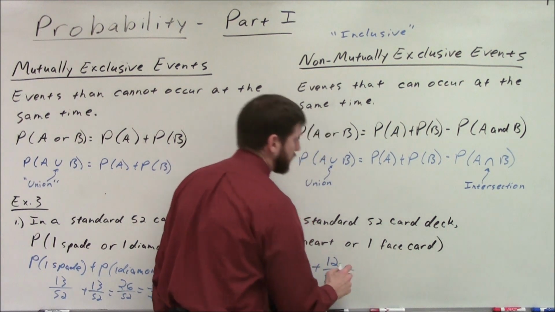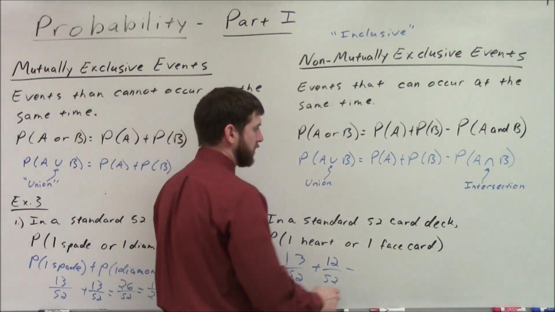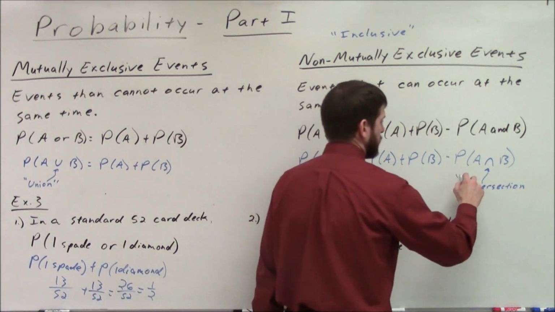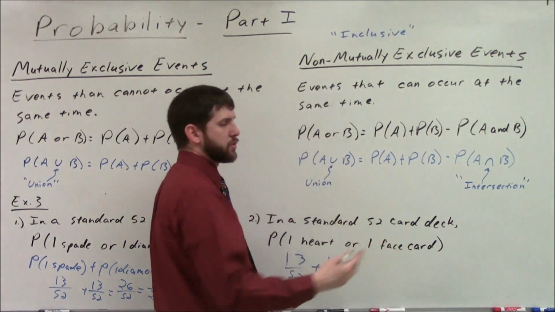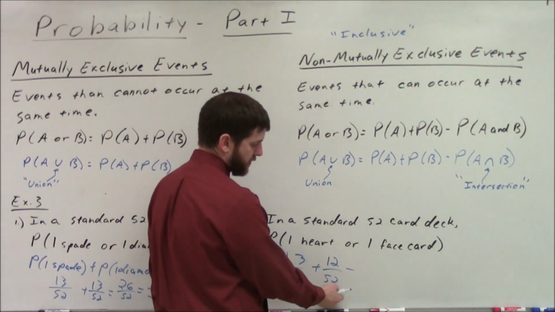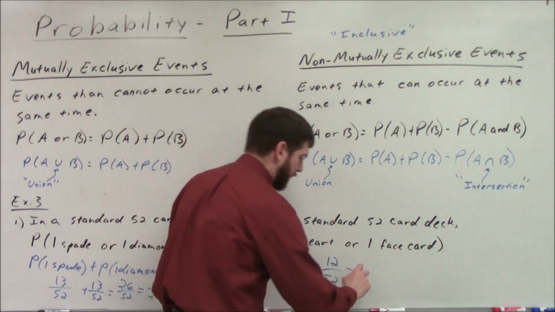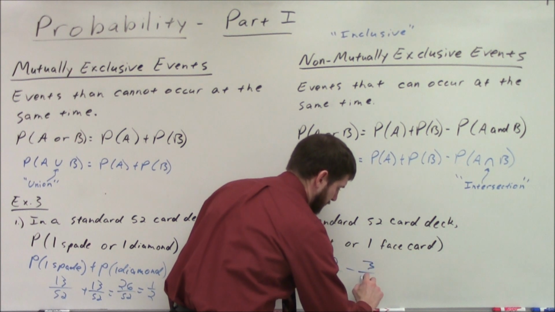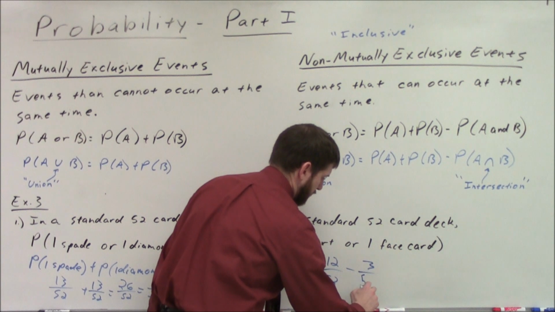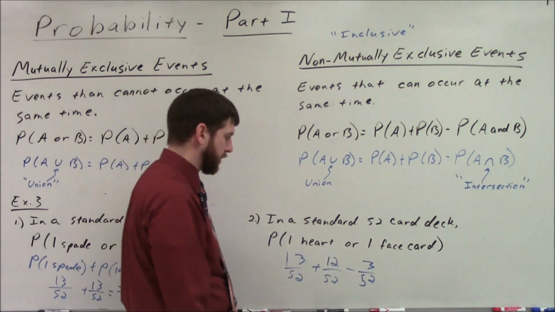So that's what this little tweak is. This little adjustment is minus probability of A and B. That's the intersection, the overlap between the two. So when we have non-mutually exclusive events, events that can both occur at the same time, we do the first event plus the second event minus the overlap. What did they have in common? Well, they had these 3 heart face cards that got counted in both groups, so let's subtract out one of those extra countings.